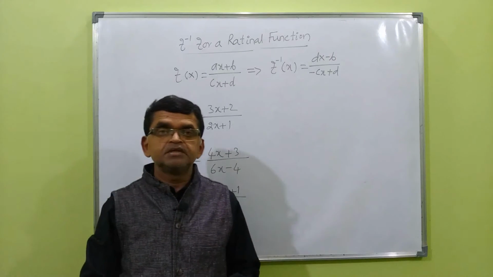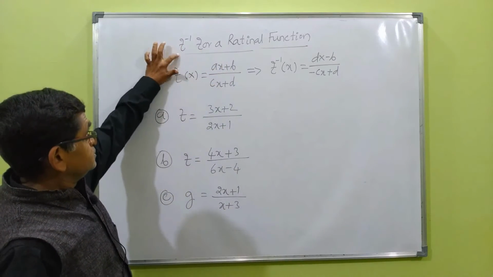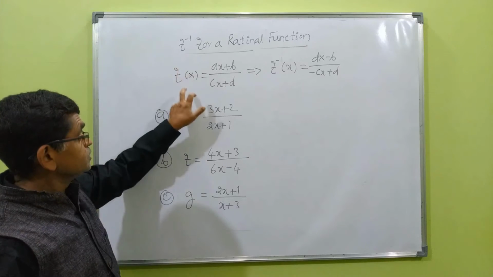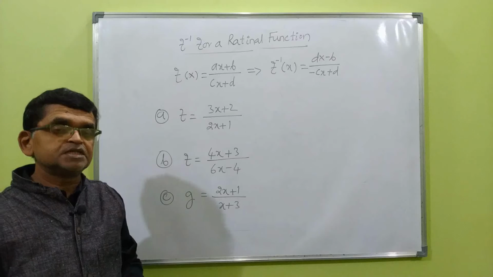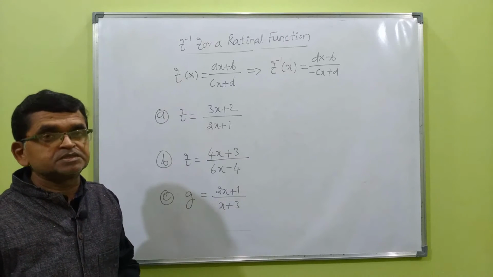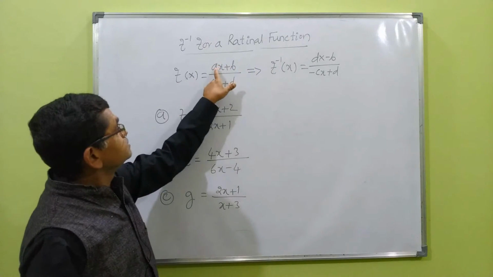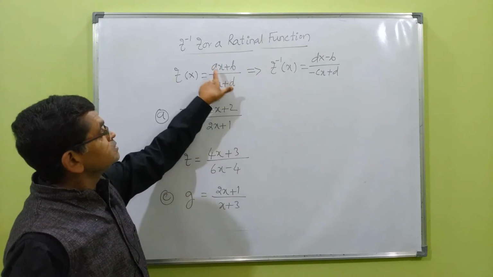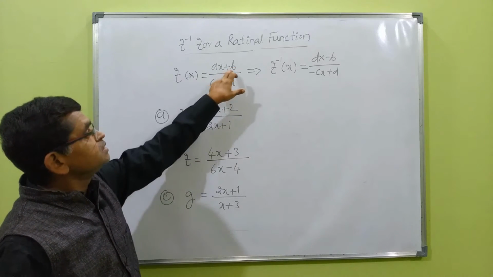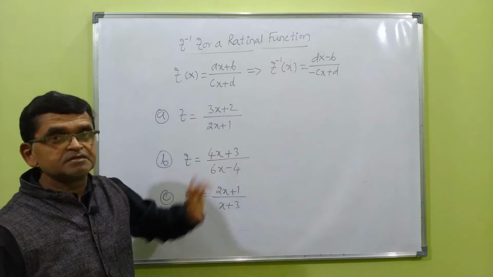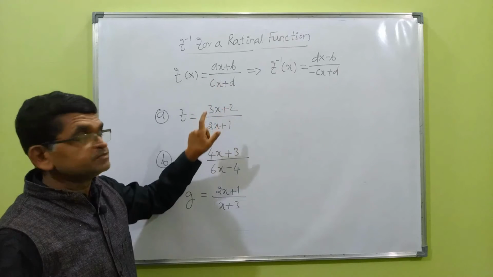So this is inverse of rational function. F inverse. Okay. If f(x) is ax plus b divided by cx plus d, then f inverse of x will be, this will get changed. A and d interchange and b and c get opposite signs.